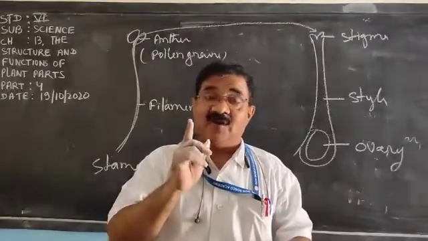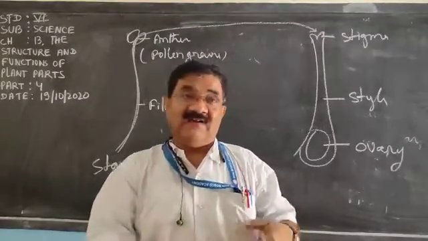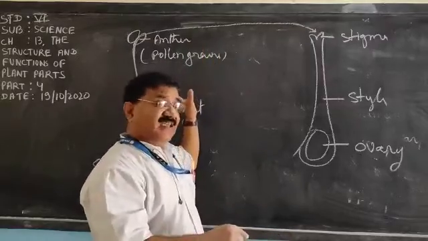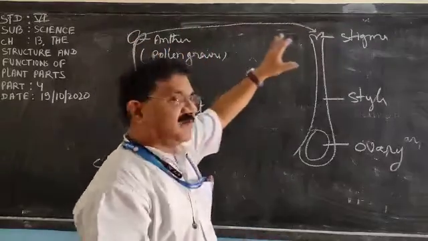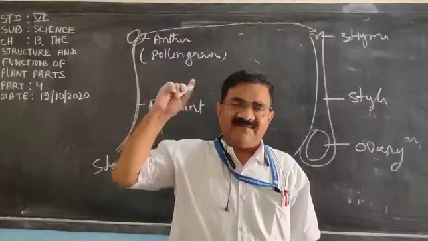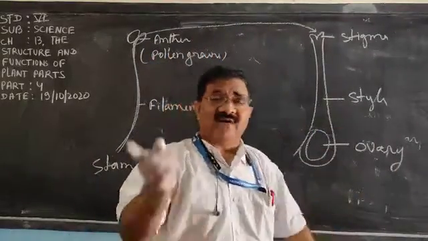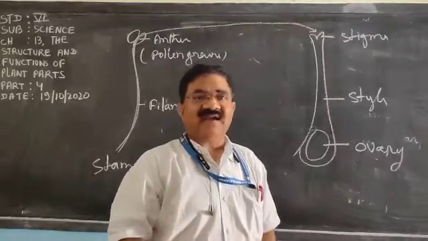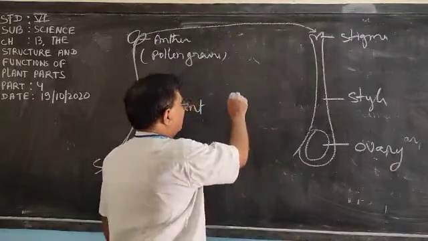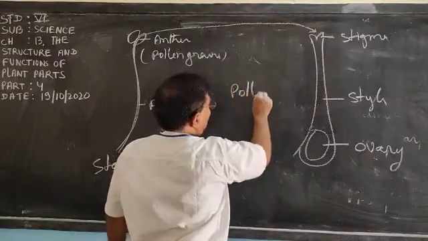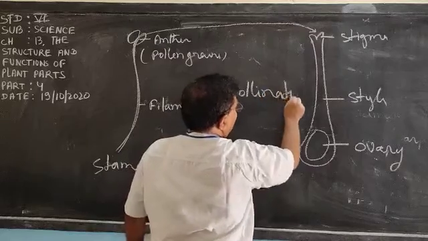This phrase is very important: same type of flower. If it is a rose flower, then anther of rose to stigma of rose only. If it is guava, anther of guava to stigma of guava only. That is called pollination.